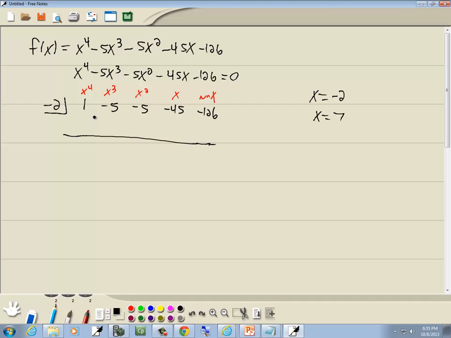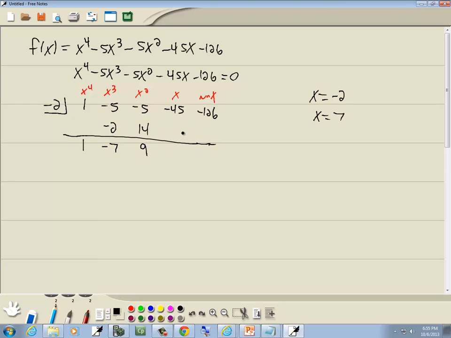Now we're going to go through a series of adding and multiplying over and over until we're done. 1 plus nothing is 1. Then we'll multiply the number in the box by the number we put down there. -2 times 1 is -2. Add. -5 plus -2 is -7. Multiply. -2 times -7 is 14. Add. -5 plus 14 is 9.